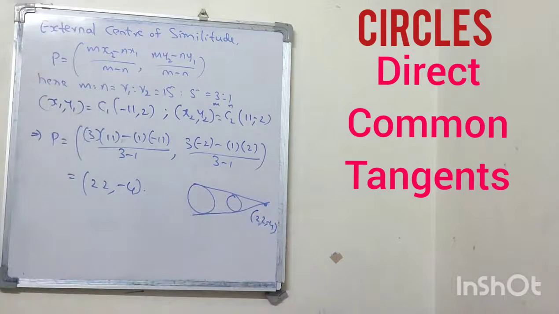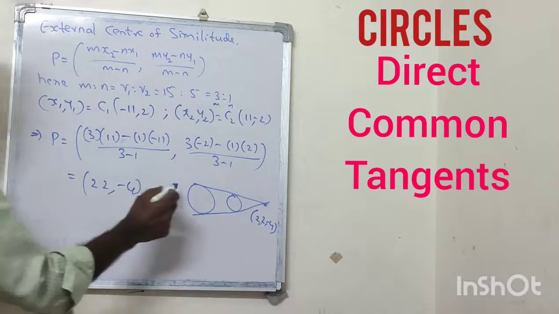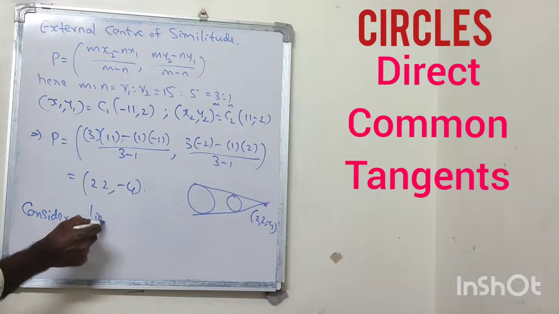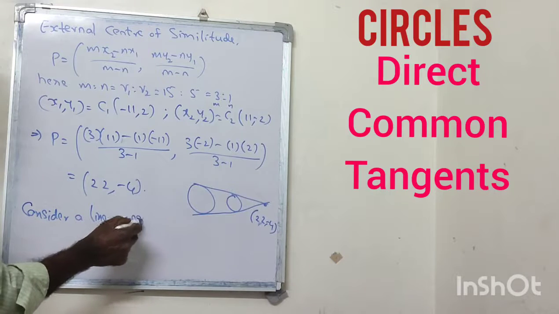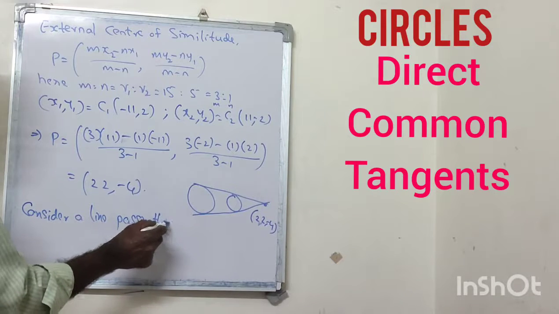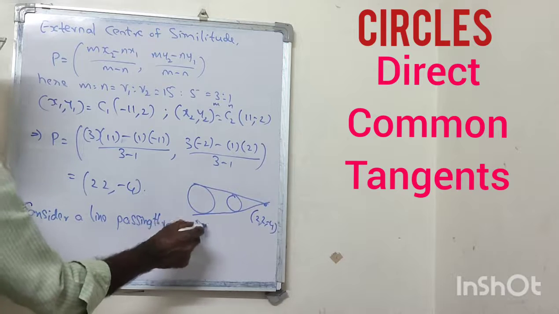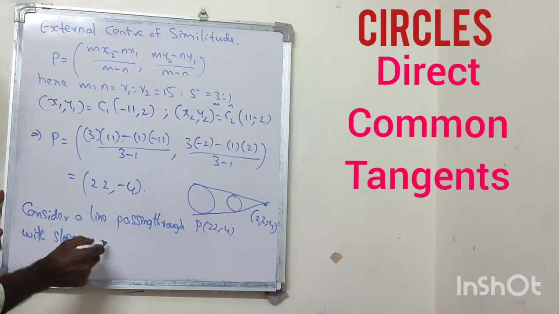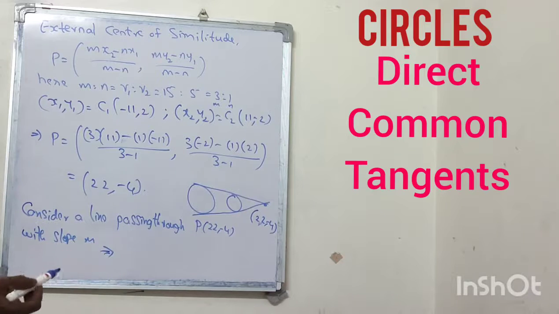Now further how to proceed is, we consider a line passing through P 22, minus 4 with a slope m. That is slope point form.